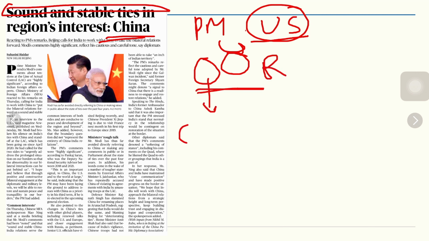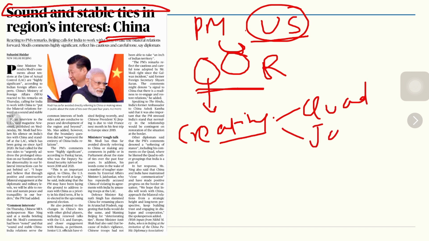Because China understands one thing, that India is creating groupings where Chinese interests are also being threatened. India is not only a part of the Quad, its bilateral relationships with South Korea, Japan, and even ASEAN countries are also at a significant stage.